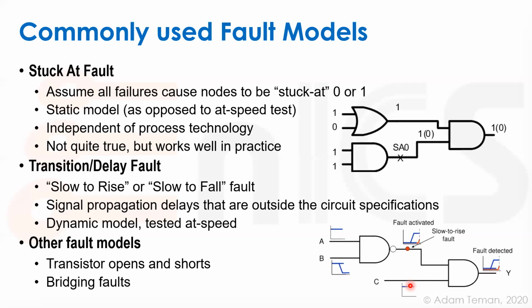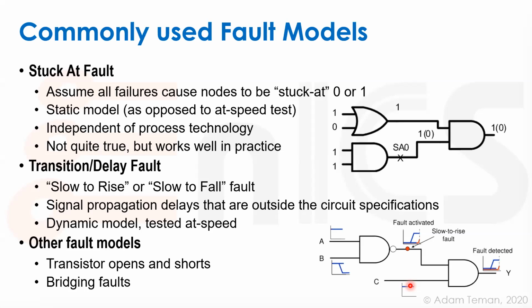Okay, other fault models. There are many other fault models. Some of the popular ones are transistor opens and shorts. If you talk to some people in our department, they discuss this type of bridging fault where you just decide that a transistor disappeared and you had a short between its input and an output. So these types of faults, they for sure can happen.